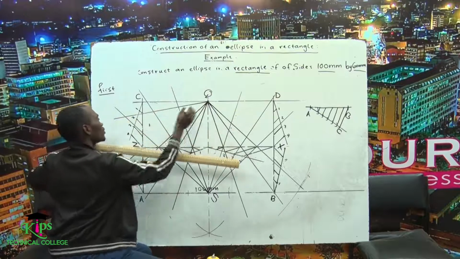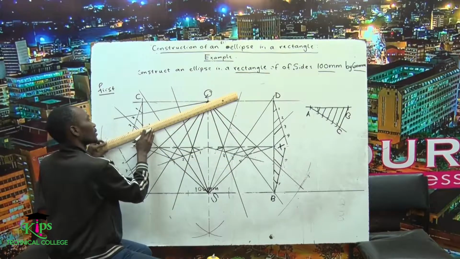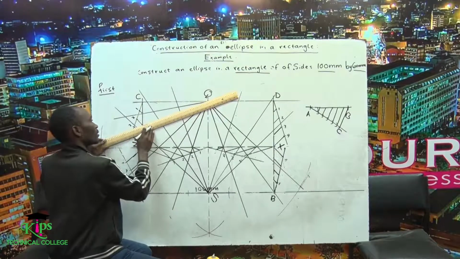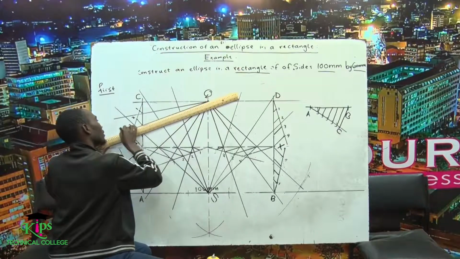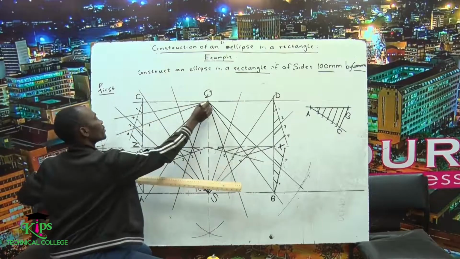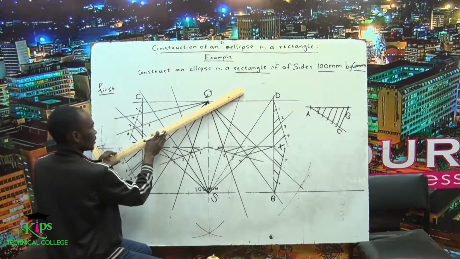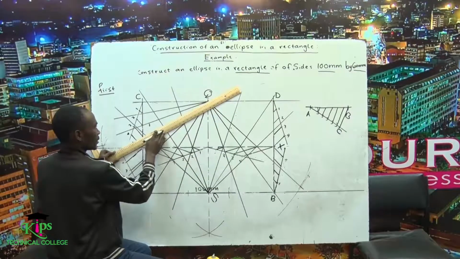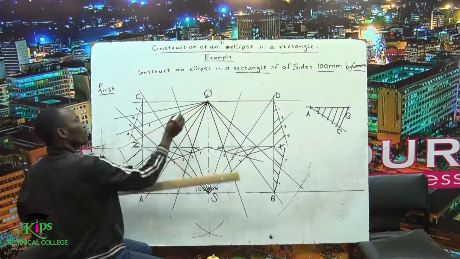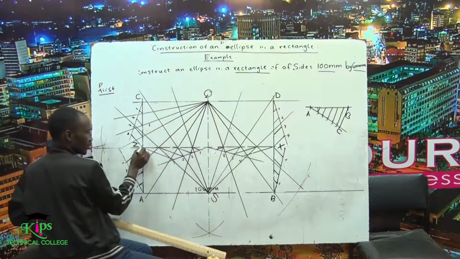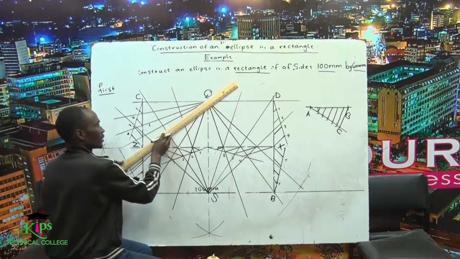Then Q to point 2, this one. Then from Q to point 3, this one. Then from point Q to point Z, which is the fourth point.